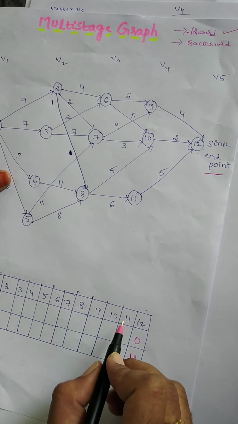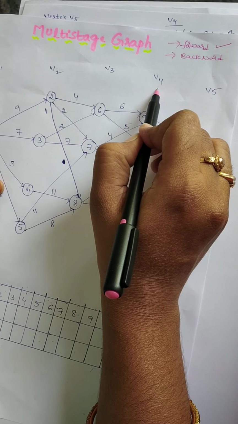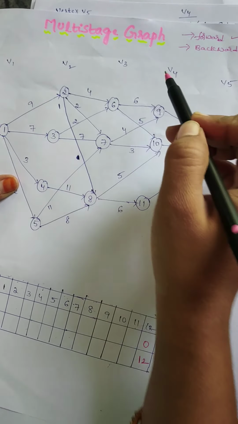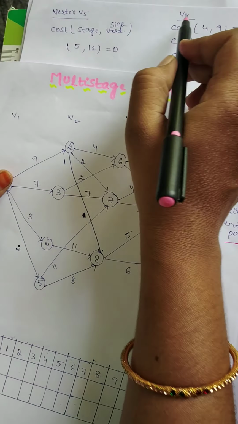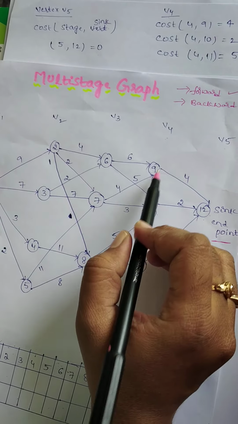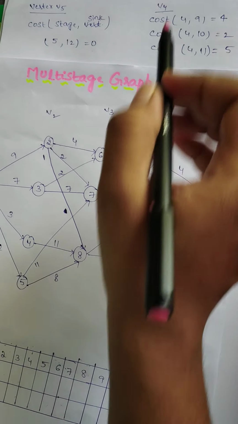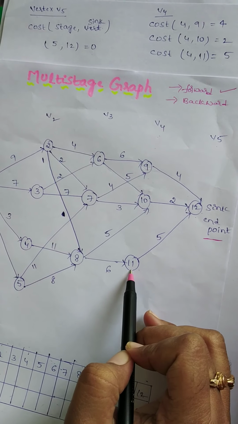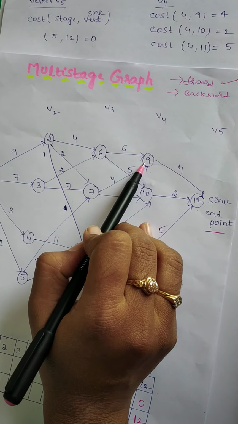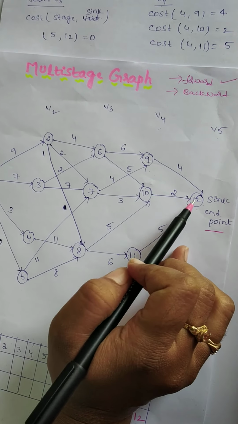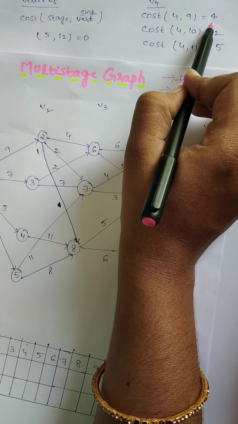Next find the 11th stage, which means finding the 4th vertex. The 4th vertex values are 9, 10, 11. So we find the cost of the 4th vertex 9th value, the cost of the 4th vertex 10th value, and the cost of the 4th vertex 11th value. From 9 to 12, the reaching cost is 4, so cost of 4 comma 9 is 4.